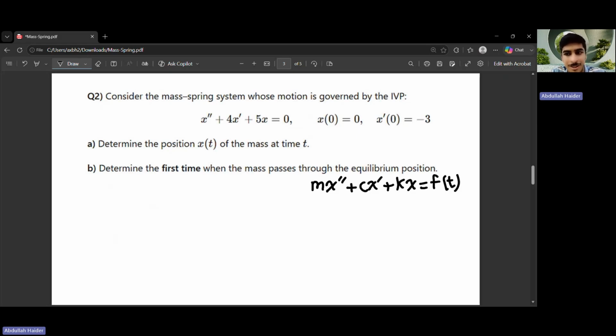If there is no external force, the right side will be 0. So m here is the mass, c is the damping constant, k is the spring constant, and the right side can be the external force if any.